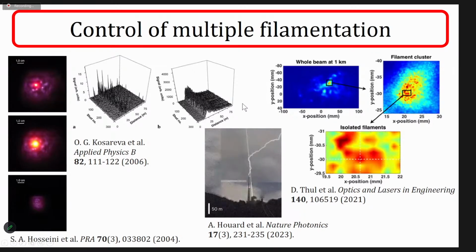in particular with multiple filamentation, which has a long history of study, starting from about 20 plus years ago, and many attempts to control this multiple filamentation, including manipulations with the beam diameter, as shown, and many more.